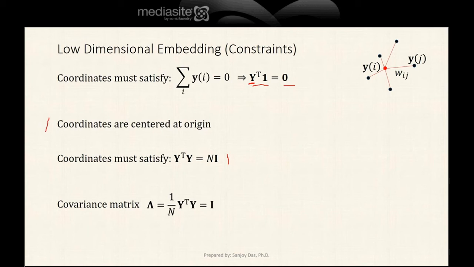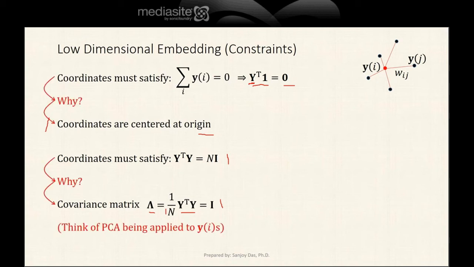In other words, since it's already centered at the origin, if you divide Y transpose Y by n, then that gives us the covariance matrix. And we want to impose the constraint that the covariance matrix is equal to the identity matrix. Why so?